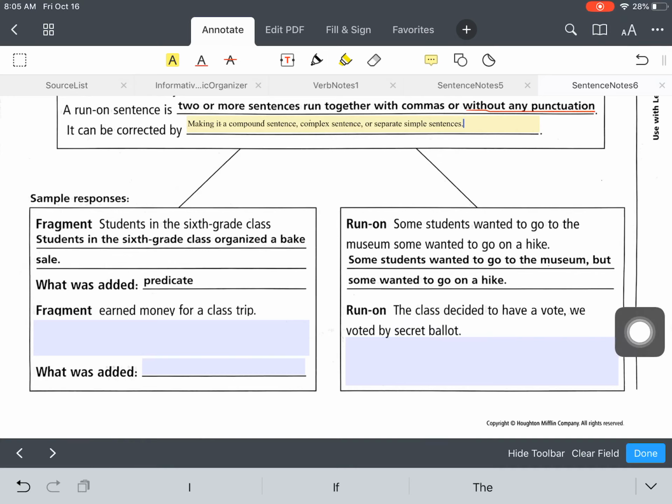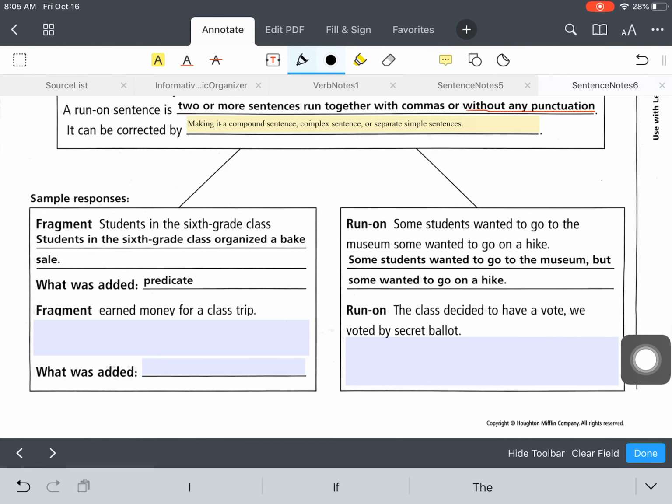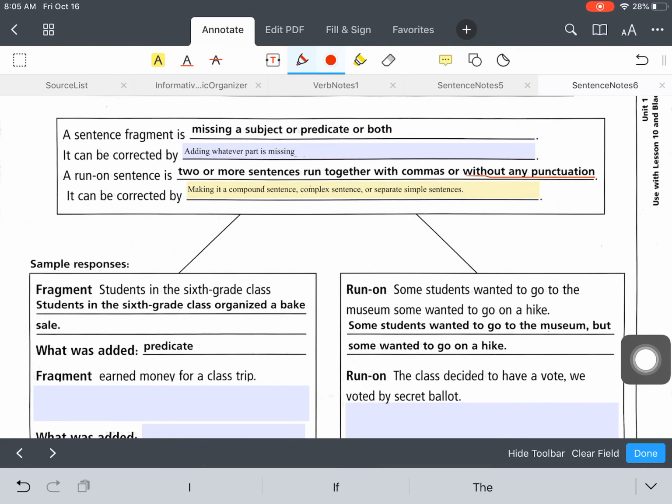Okay, so they went ahead and made it a compound sentence by adding a comma and a fanboy. You could also make it two separate sentences by saying some students wanted to go to the museum, and then you could add a period here and then capitalize some wanted to go on a hike. So you can make it two separate sentences.